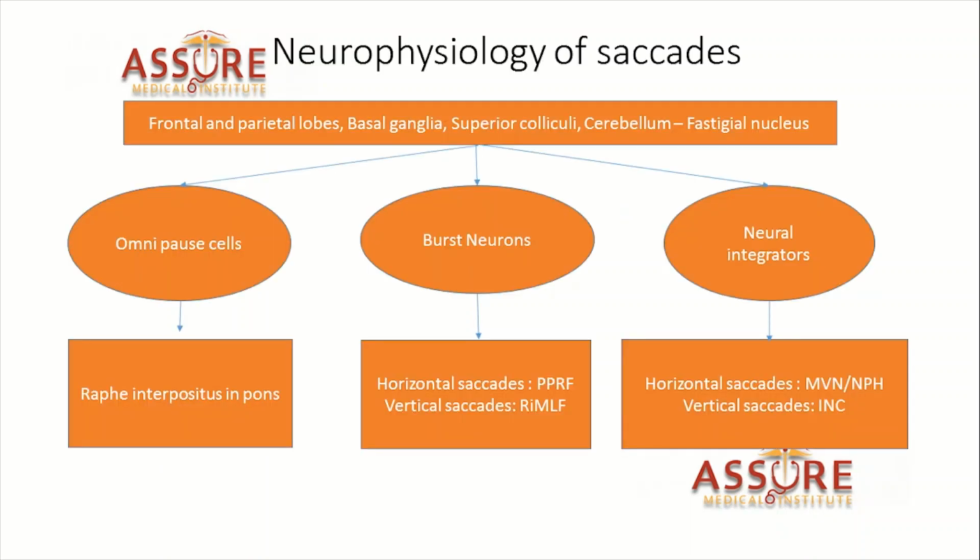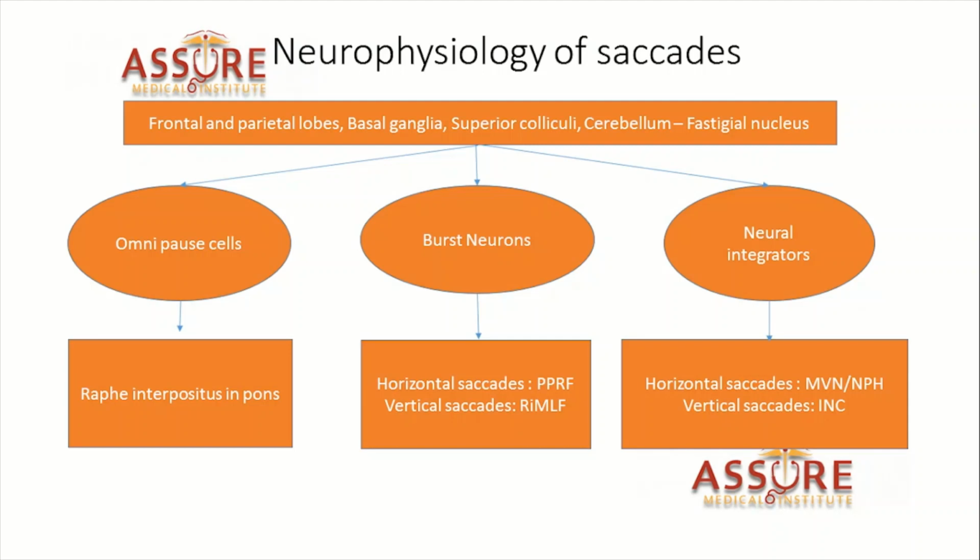The higher control of saccades will be from the frontal lobes, especially the frontal eye fields, supplementary frontal eye fields, dorsolateral prefrontal cortex, parietal eye fields, basal ganglia, thalamus, superior colliculi, cerebellum, vestibular nucleus and its connections.